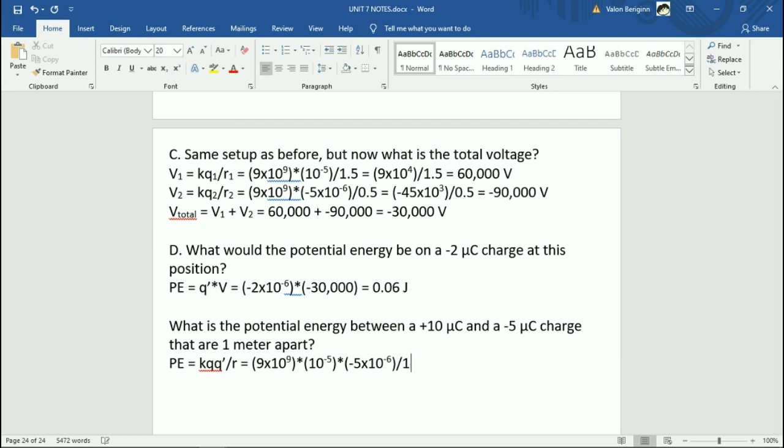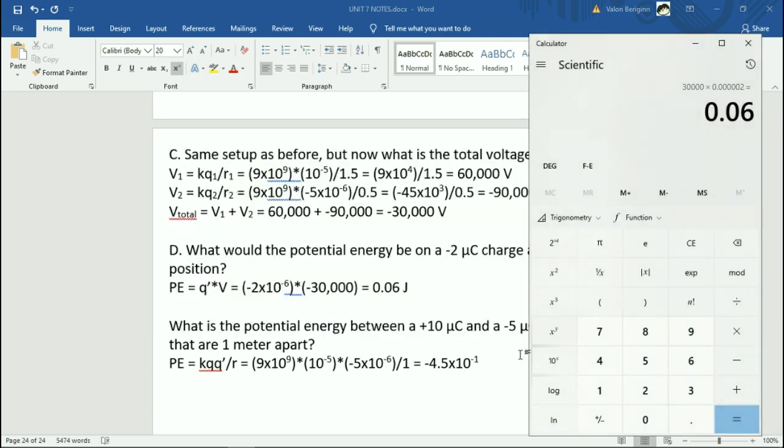In this case, -45 is 9 times -5, so we have 10 to the 9 times 10 to the -5, which gives me 10 to the 4, and then 10 to the -6, which is times 10 to the -2. And since it's -45, this becomes 4.5 times 10 to the -1, right?